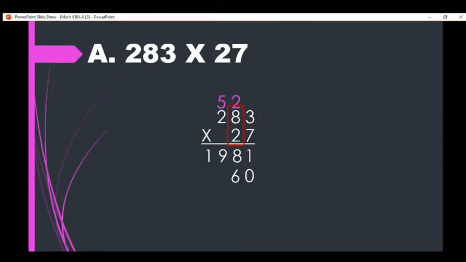Next would be 8 times 2, that is 16. So we put our 6 below, aligned with our hundreds, and carry 1.